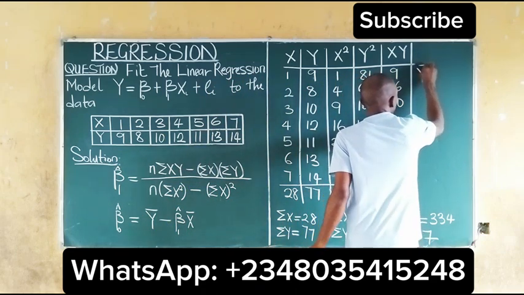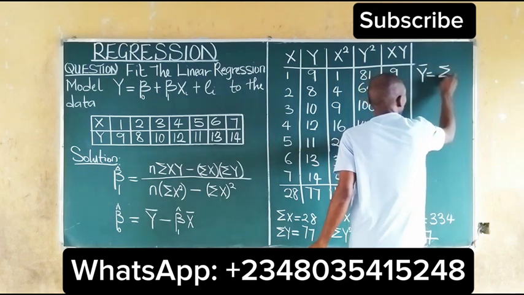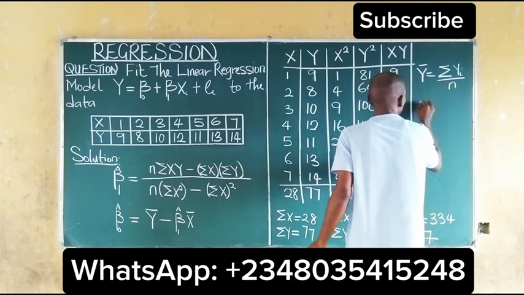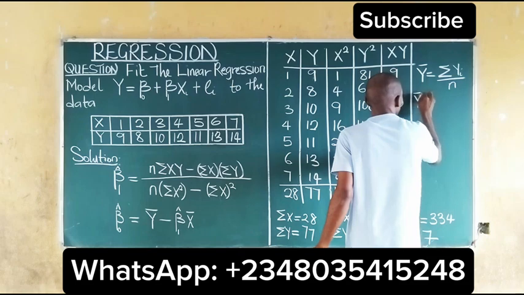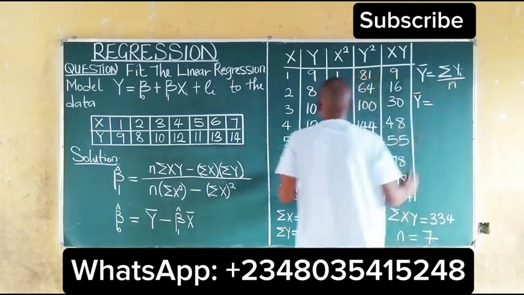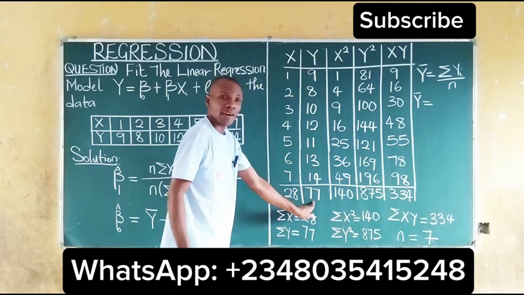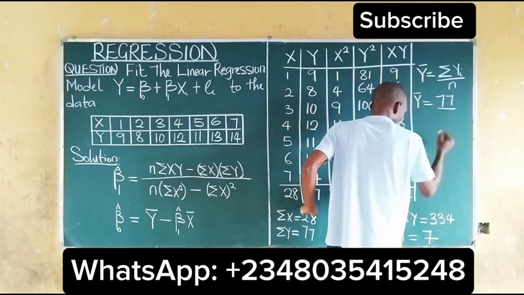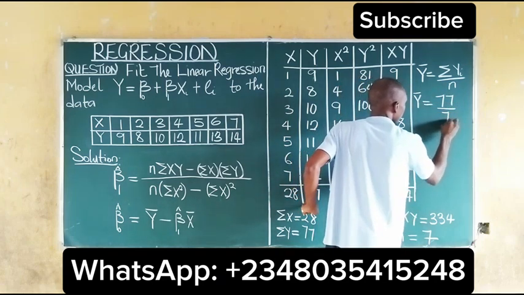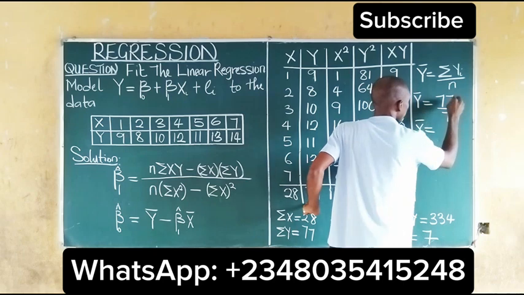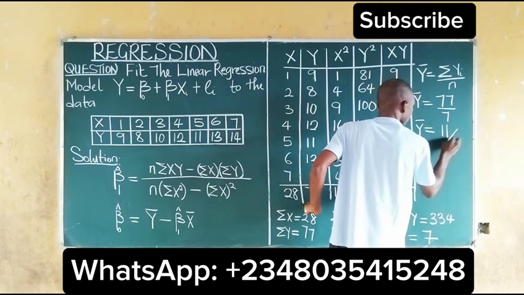Y bar is equal to summation of yi value all over n, which is 77 divided by 7. So our Y bar is equal to 11.